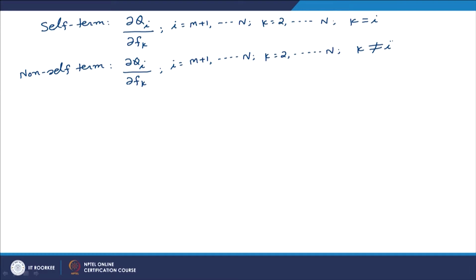So, now we derive this. First we derive the non self term. The non self term is del Q i by del F k with the condition that k is not equal to i.